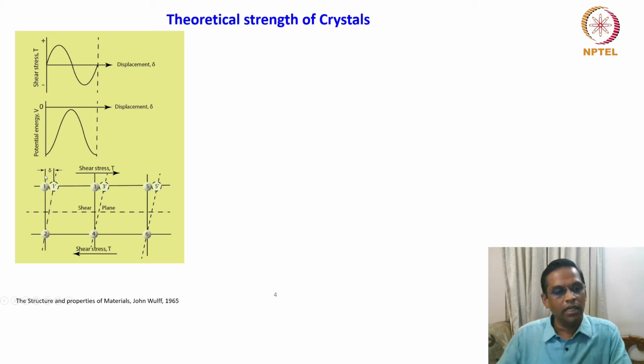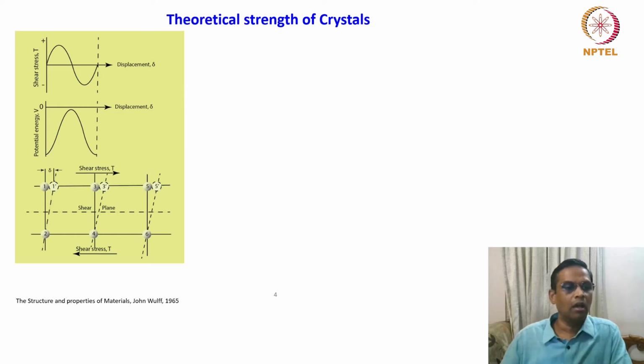Still it is within the elastic deformation. Please understand, we are talking only about elastic deformation. Suppose this 1 prime atom comes somewhere in between 2 and 4, some middle way. That means the atom has reached a metastable position.